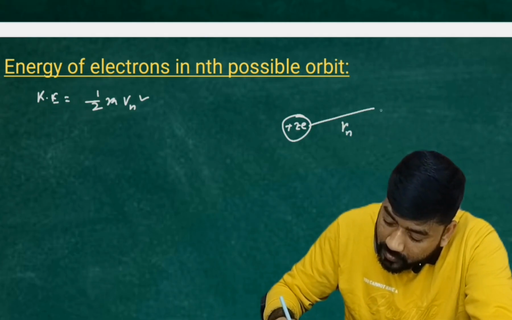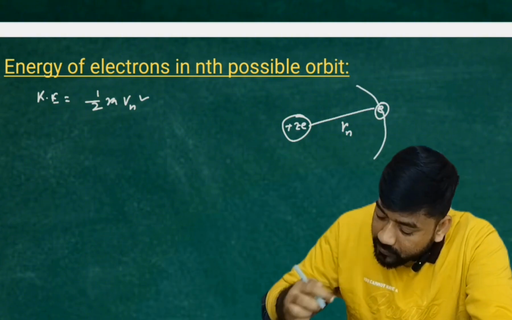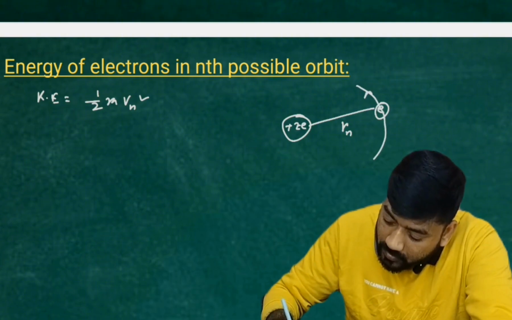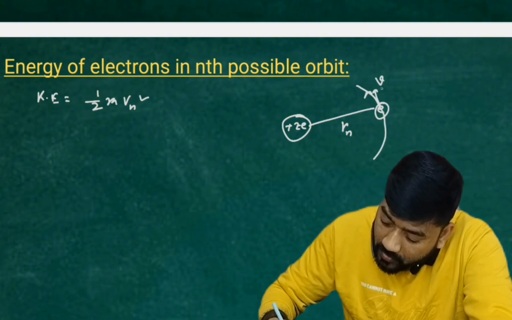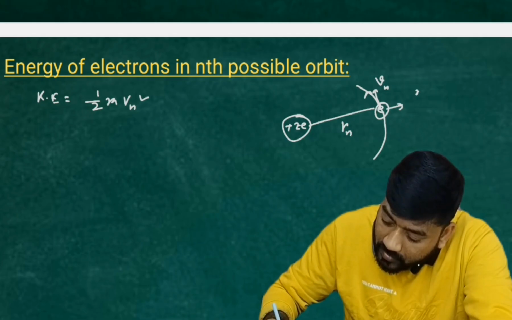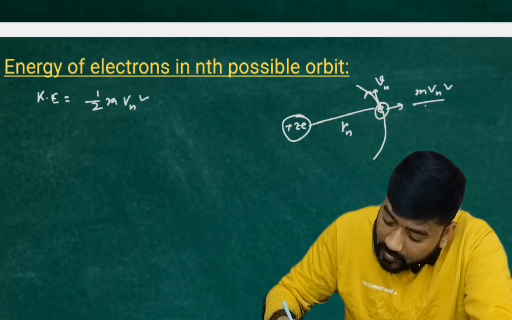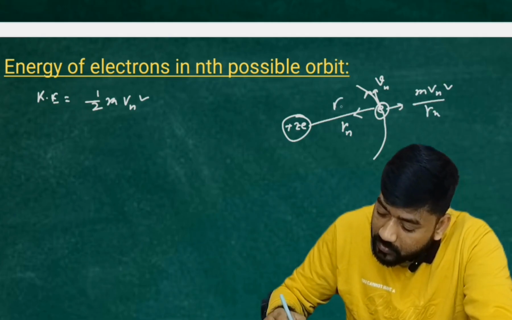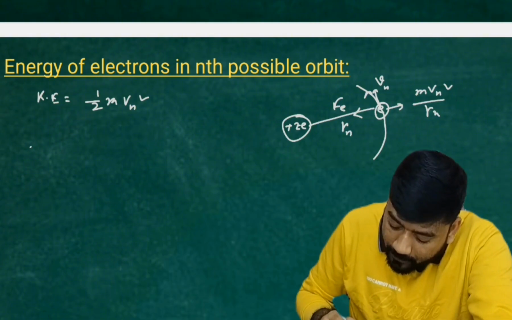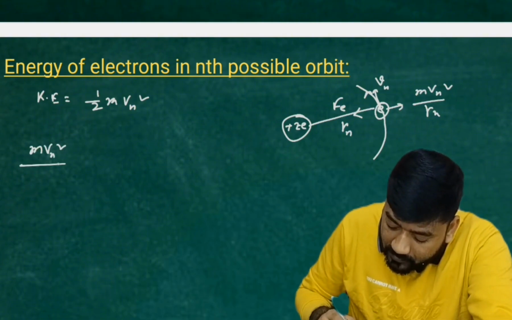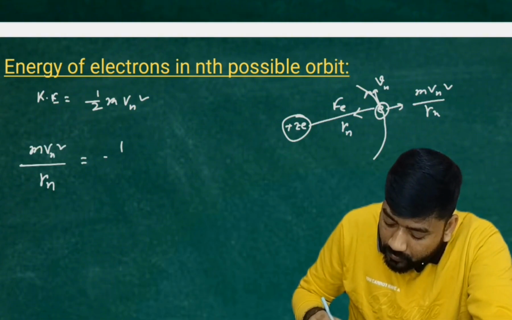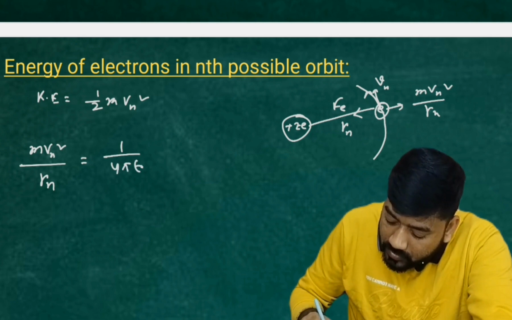So here the electron is revolving along this path, suppose with speed Vn. We have two forces, one along this direction, m Vn square upon Rn, and another in the other direction, Fa. Now if you equate these two, you will have m Vn square upon Rn equal to 1 upon 4 pi epsilon naught into Z square e square upon Rn square.